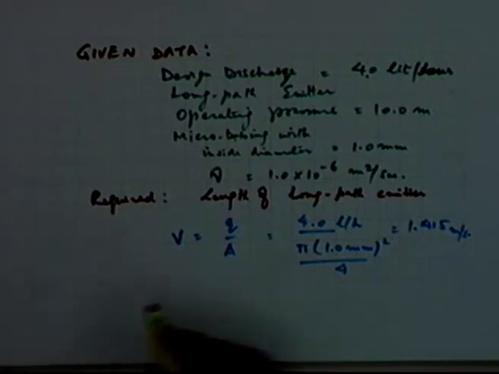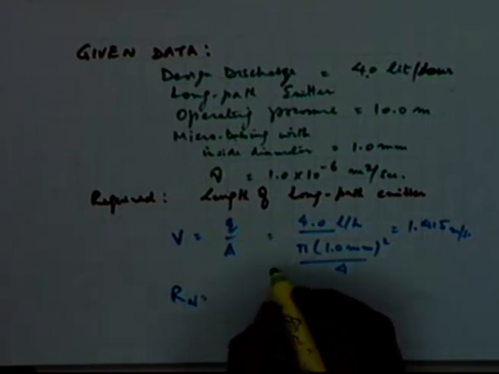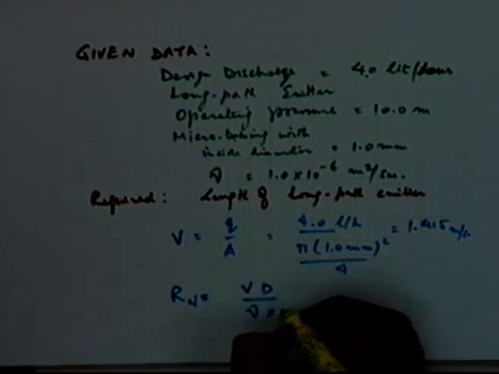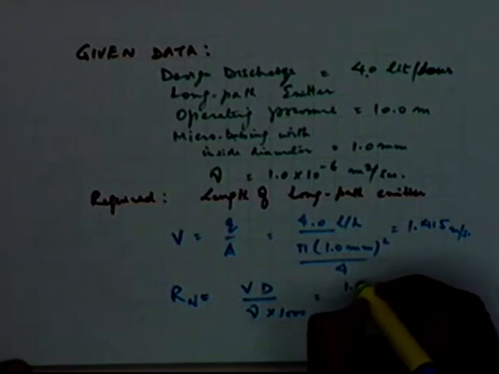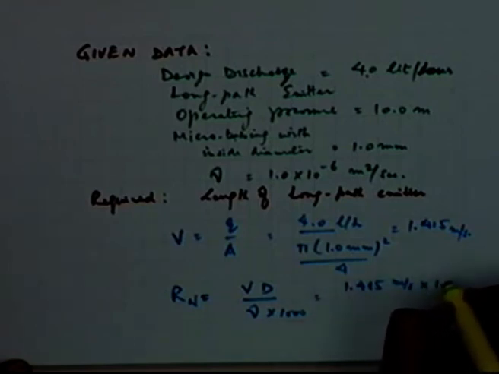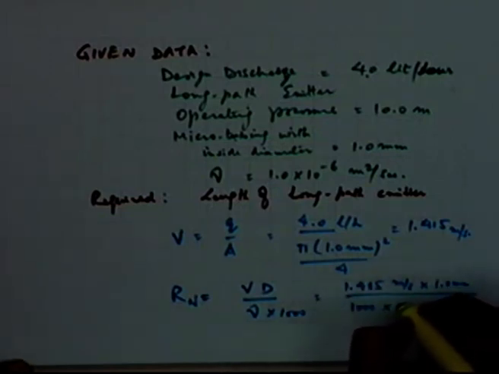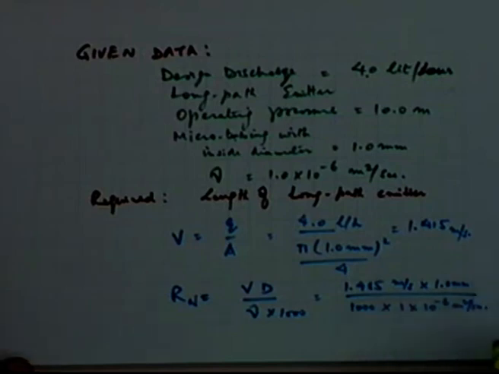Now, knowing the velocity, you can find out the Reynolds number, because now you have the velocity, you have the diameter, you have the nu value into 1000. That is the expression which you have used. So, 1.415 meters per second into 1 millimeter by 1000 into 1 into 10 to the power minus 6 meters square per second.